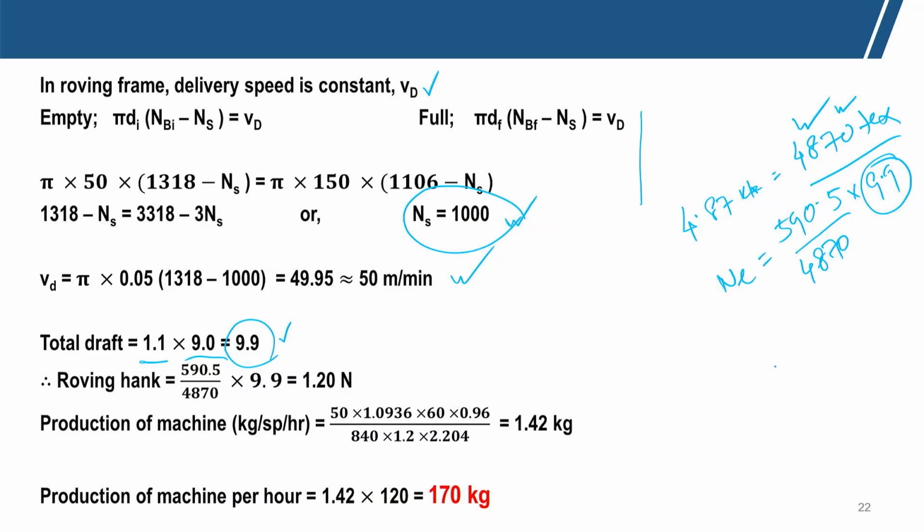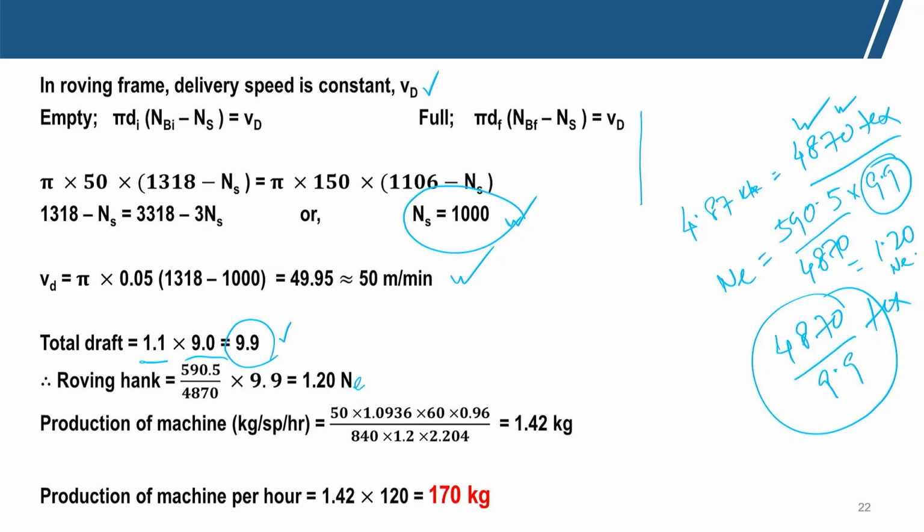So effectively roving tex will be 4870 divided by 9.9, and 590.5 is the factor, so we can convert it to roving hank of 1.20 Ne.